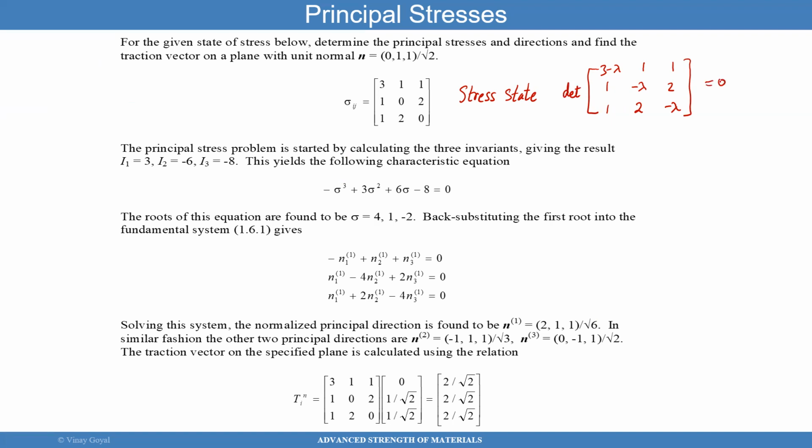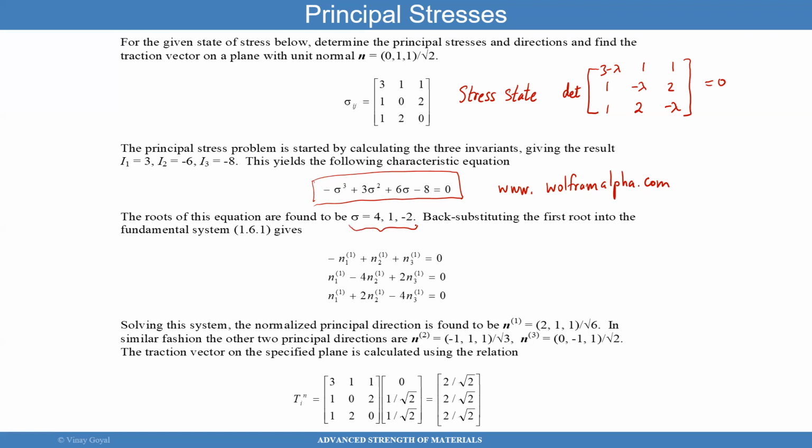When you set this determinant equal to 0, which I hope you can review how to find the determinants of a matrix, what you find is this cubic equation. And if you plug this cubic equation into, say, for example, wolframalpha.com, which can solve equations, you actually get these 3 roots for that equation: 4, 1, and minus 2.